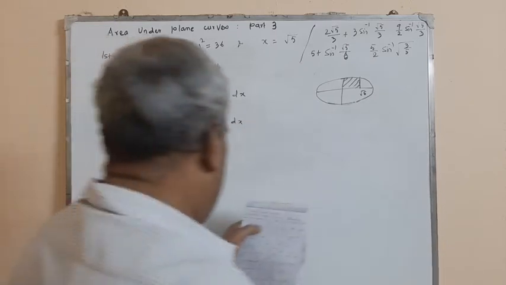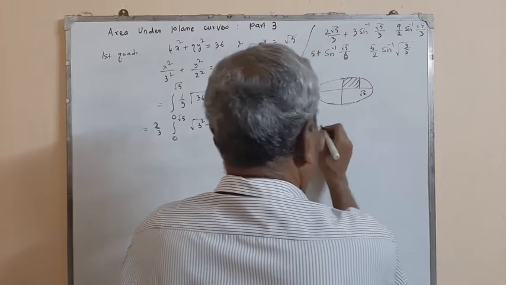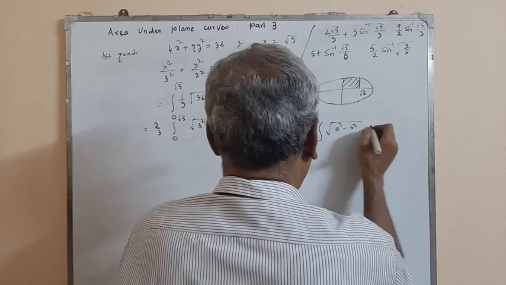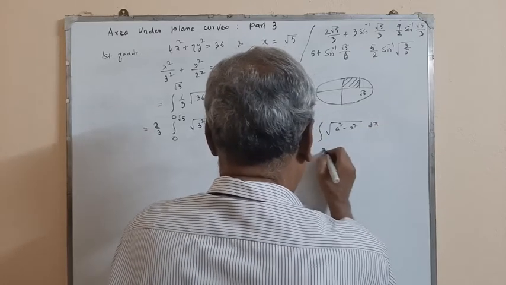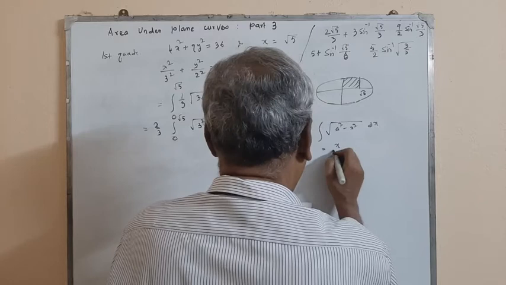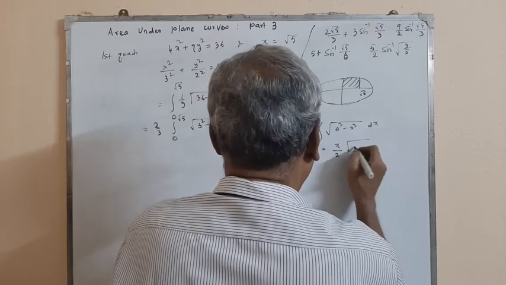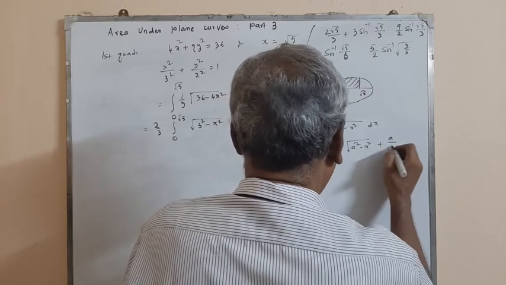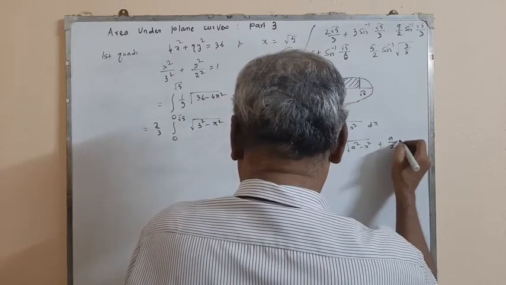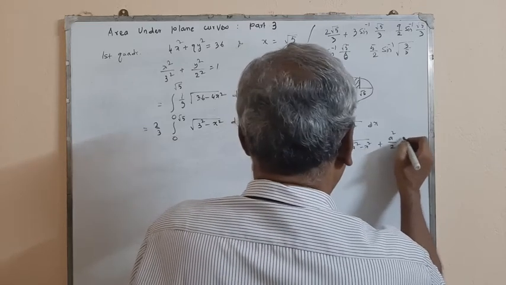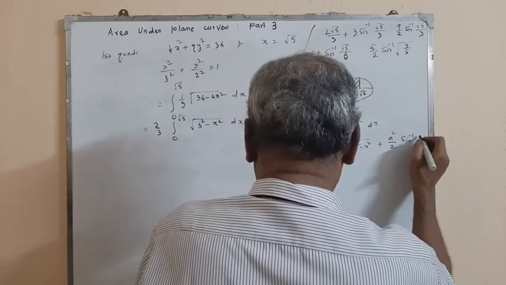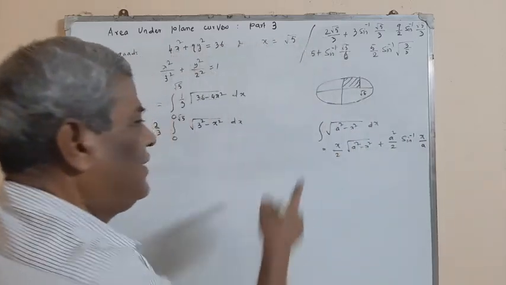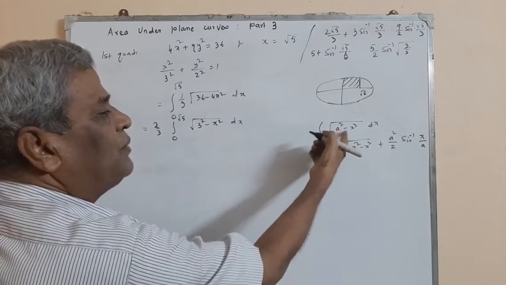This is an integration, and we know that the integral of root over a square minus x square dx is equal to x by 2 into root over a square minus x square, plus a square by 2 into sin inverse x by a. This is the standard form of integration.